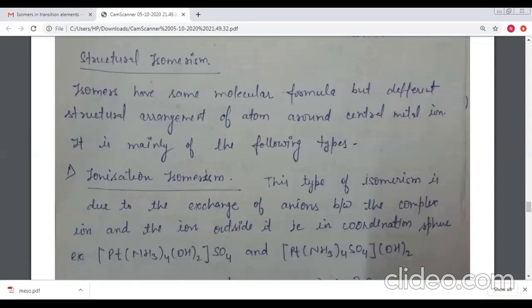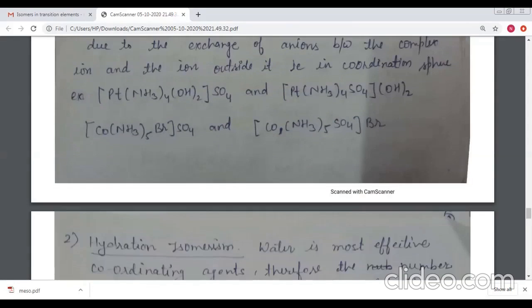The example of ionization isomers is platinum ammine sulfate. In the first case, we have NH3 four and OH inside the bracket, and SO4 outside the bracket. In the second isomer, SO4 is exchanged with OH.